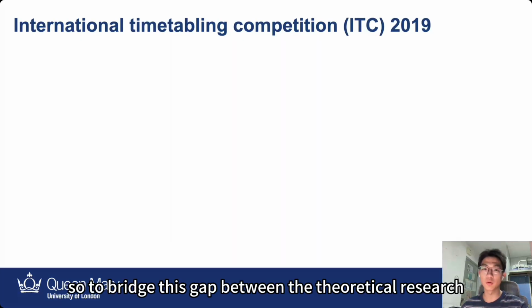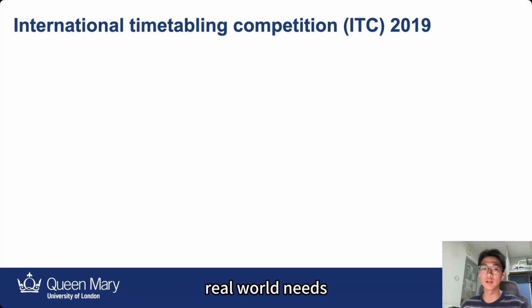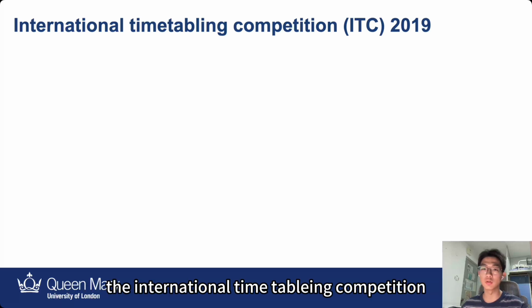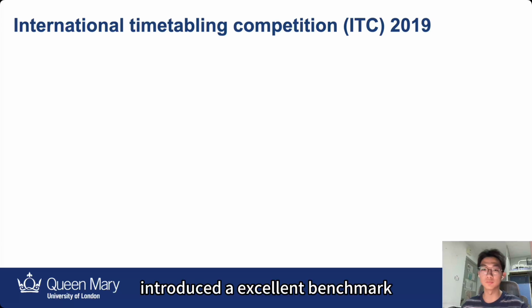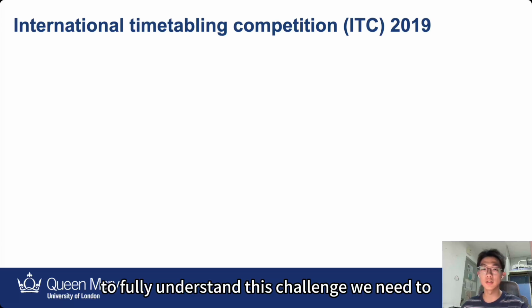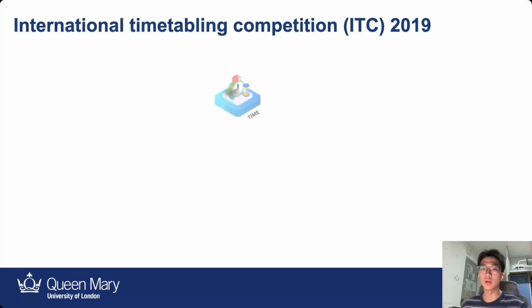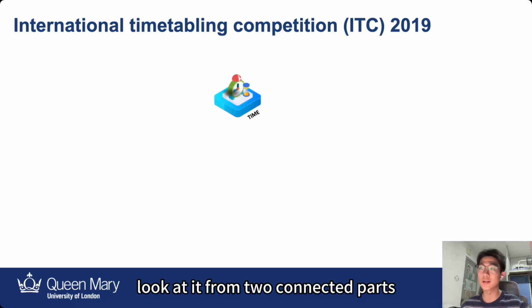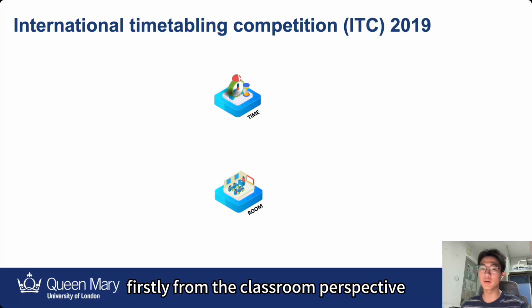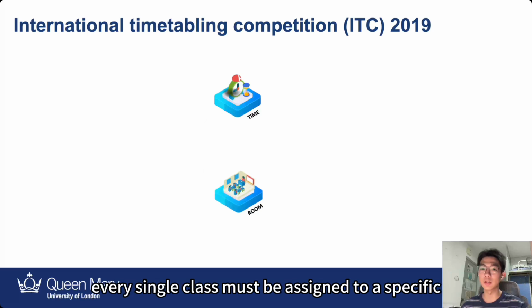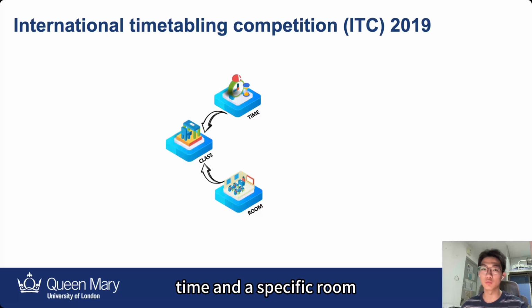So to bridge this gap between theoretical research and these complex real-world needs, the International Timetabling Competition, known as ITC 2019, introduced an excellent benchmark. To fully understand this challenge, we need to look at it from two connected parts. Firstly, from the classroom perspective, every single class must be assigned to a specific time and a specific room.